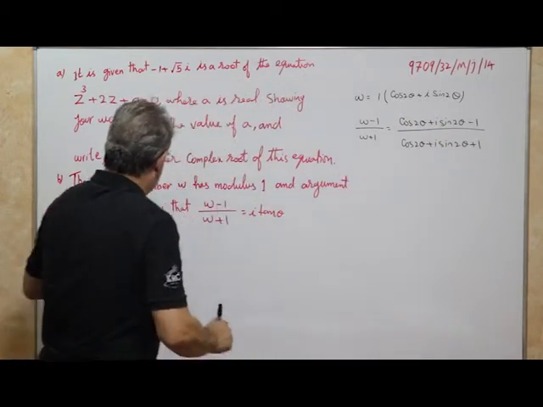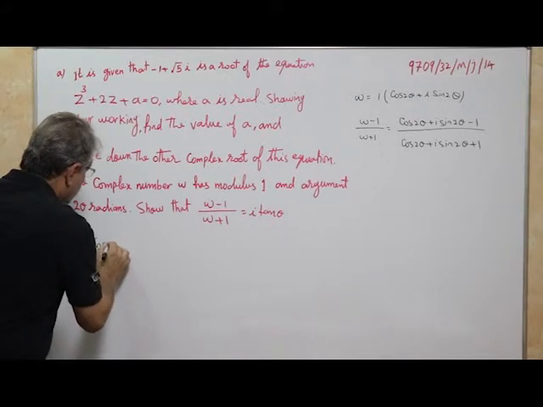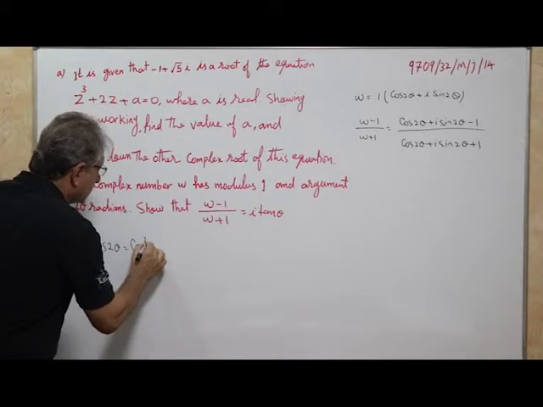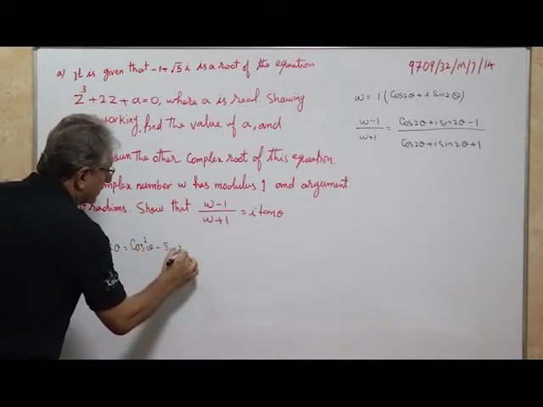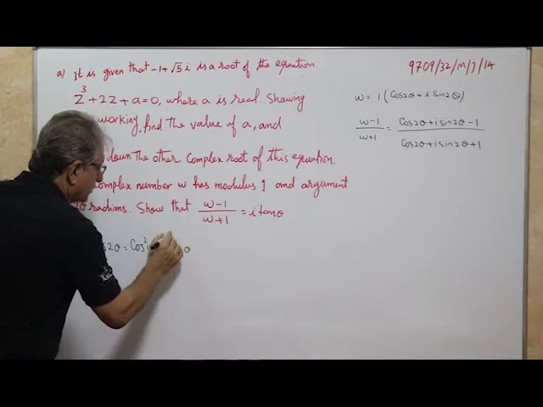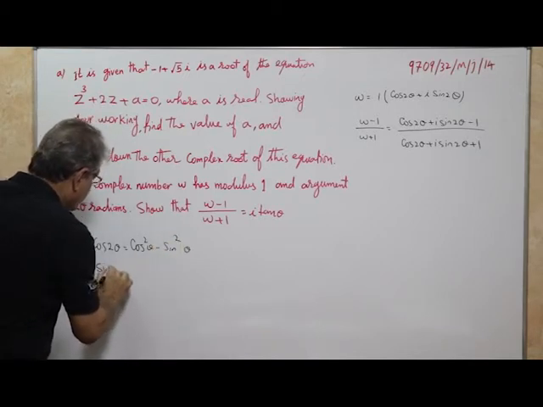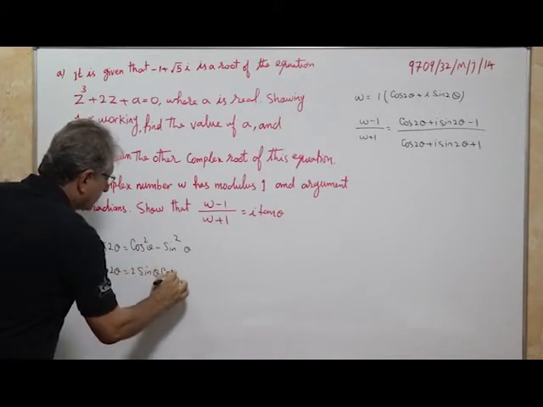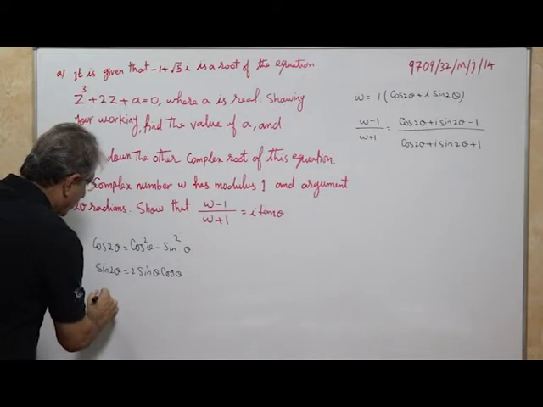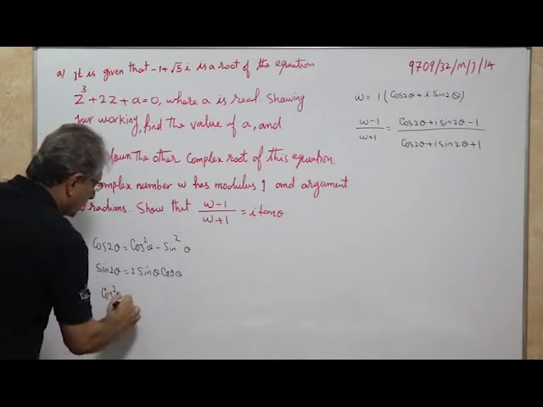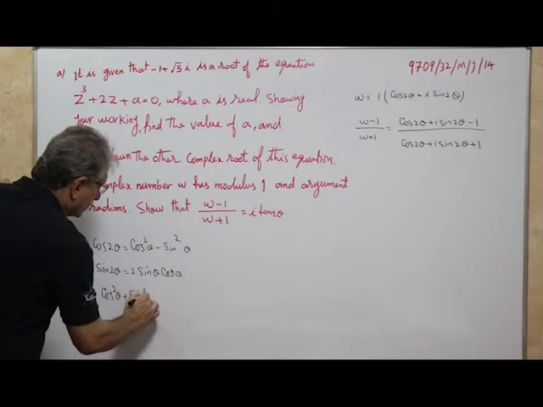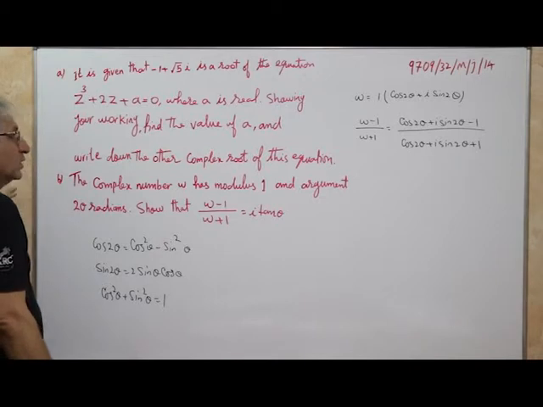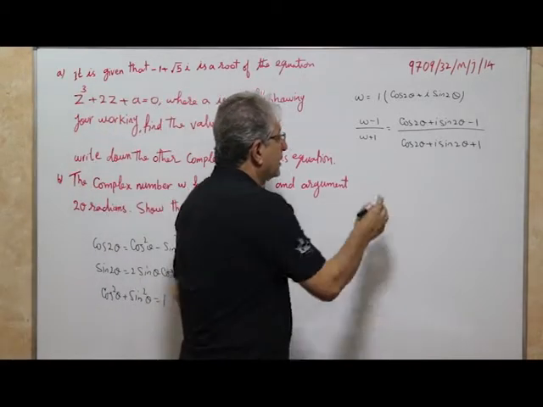We know that cos 2 theta is equal to cos squared theta minus sin squared theta, and sin 2 theta is equal to 2 sin theta cos theta. And also we know that cos squared theta plus sin squared theta is equal to 1. Okay? Now, let's see what we are having here.